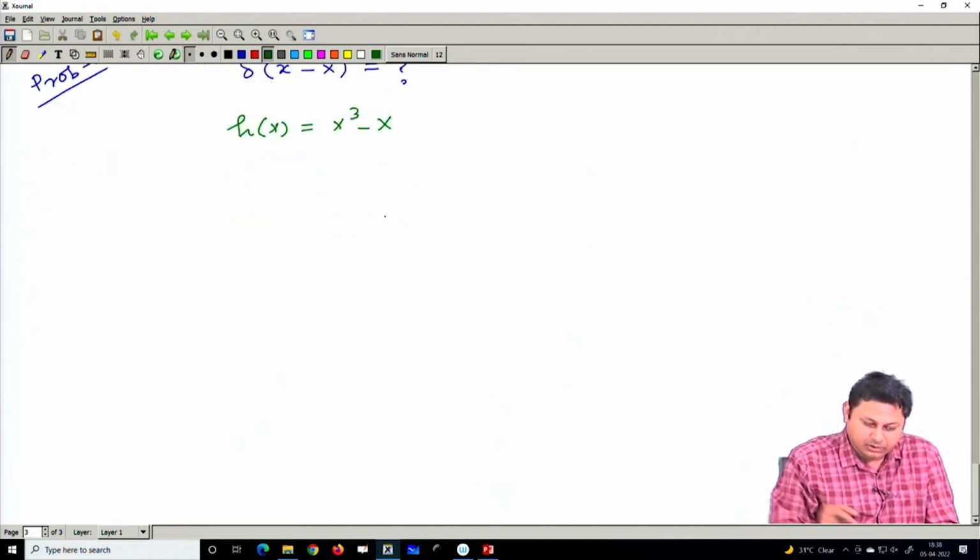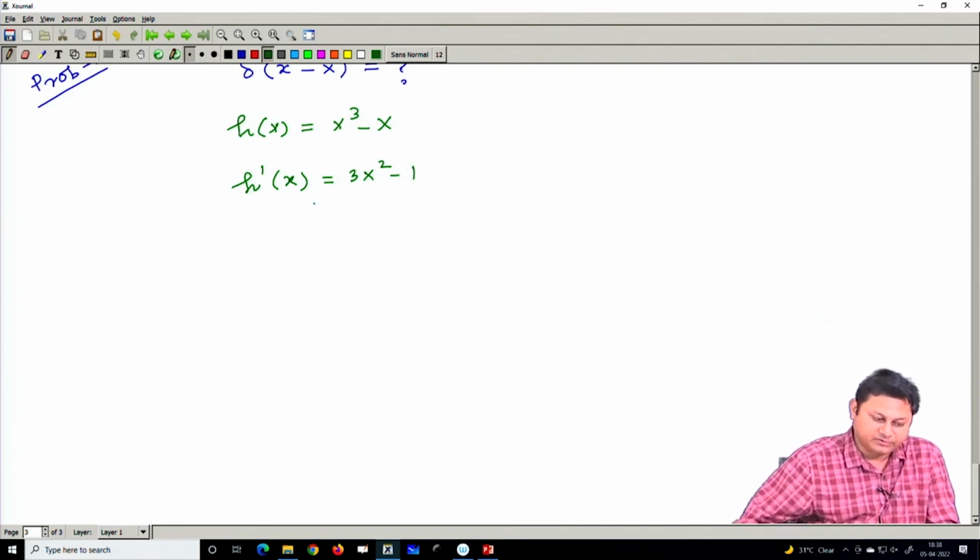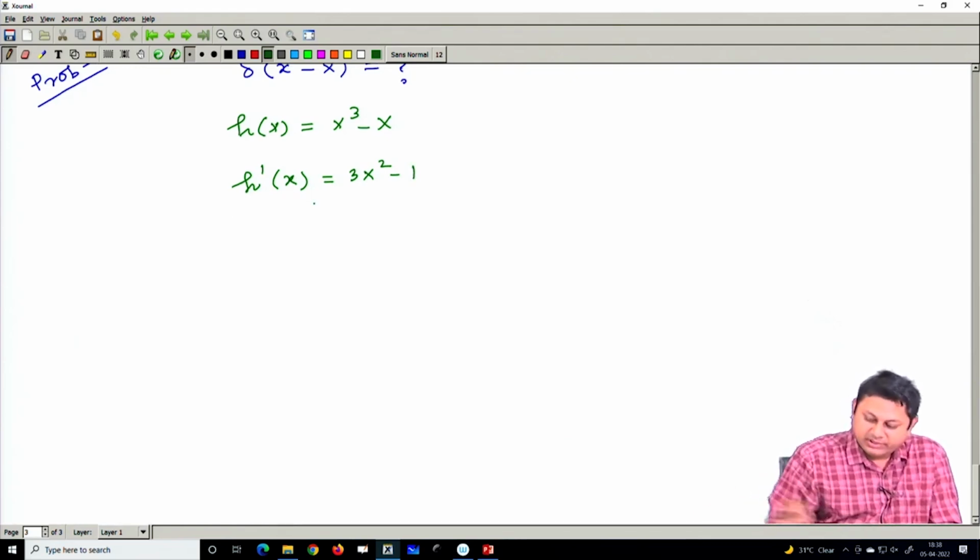So I need to find out my h prime, because every time I need to calculate it. h prime is equal to 3 x square minus 1. This is my h prime. Fine. Now let us find out what the roots are.